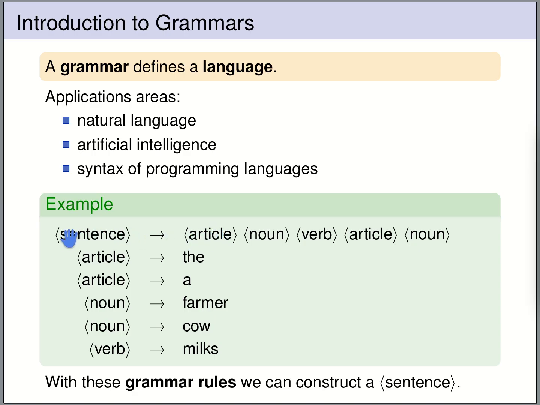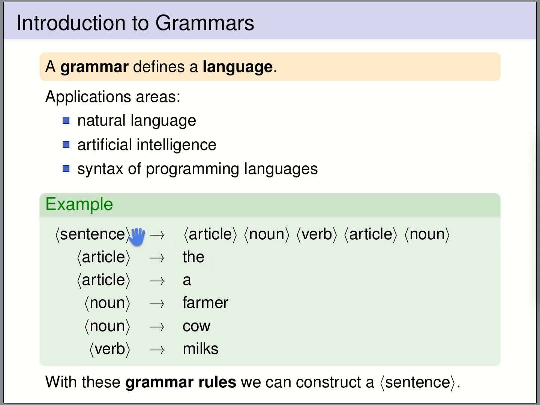In this angular bracket here, we have variables. So sentence is a variable, article is a variable, noun is a variable, and verb is a variable. And these arrows are used to define rules, production rules. And these rules say that we're allowed to replace certain things by other things.